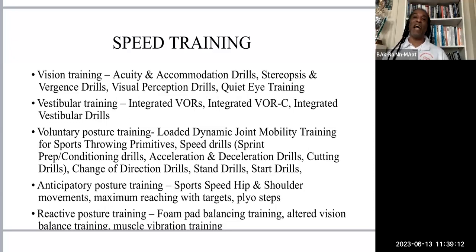And what is interesting, that throwing primitive also is very similar to the bowling primitive with a slight adjustment. So for bowlers, you would use the basic tool, but you would just adjust the arm in a way that you can train it as it relates to bowling. Speed drills would be used: sprint prep conditioning drills, acceleration, deceleration drills, cutting drills, change of direction drills, stand drills.